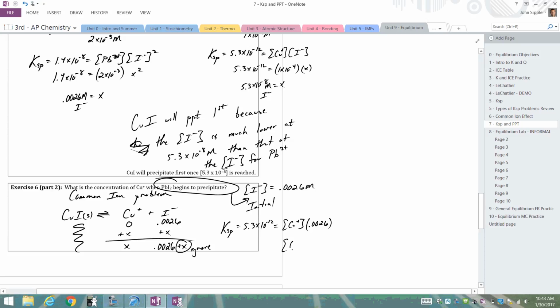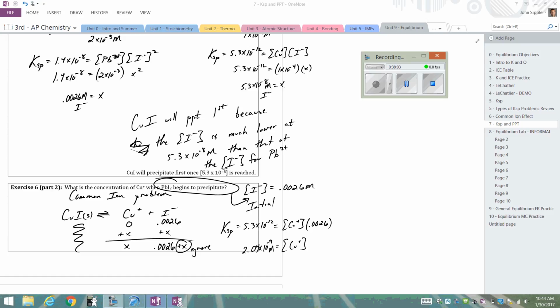So the concentration of copper in solution at that moment is going to be 2.04 times 10 to the minus 9 molar. So there you go.